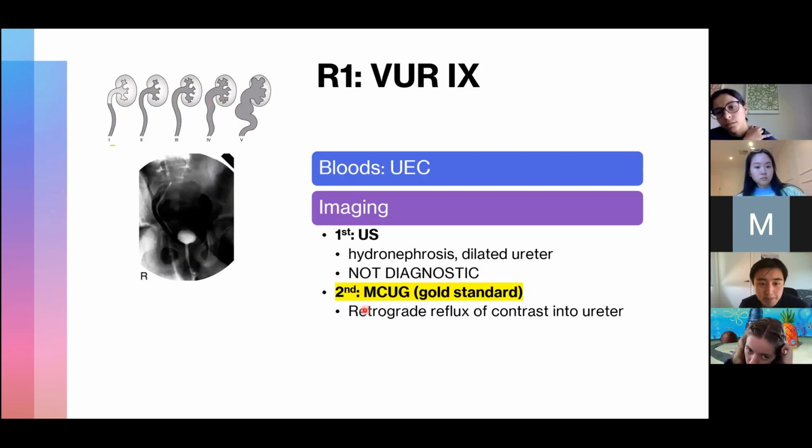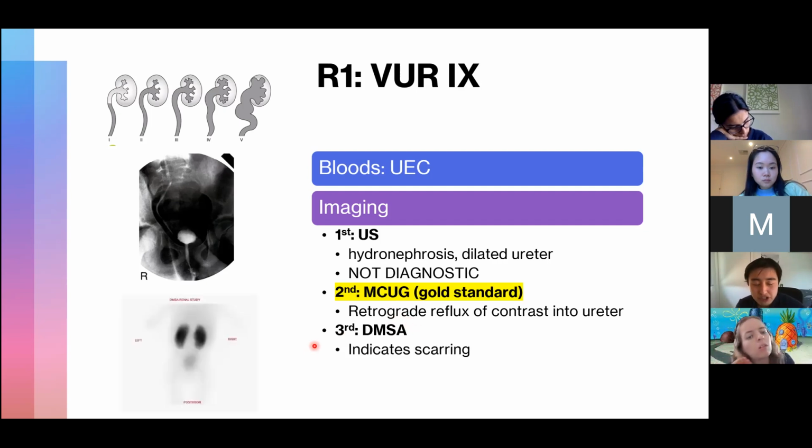What you need is a micturating cystourethrogram, or MCUG. That's used to diagnose VUR. Essentially, you put a little bit of contrast into the bladder, and then you get the child to pee, and you take the x-rays while they pee to see if there's a little bit of reflux back into the kidneys. And for that reason, it's called a micturating cystourethrogram.